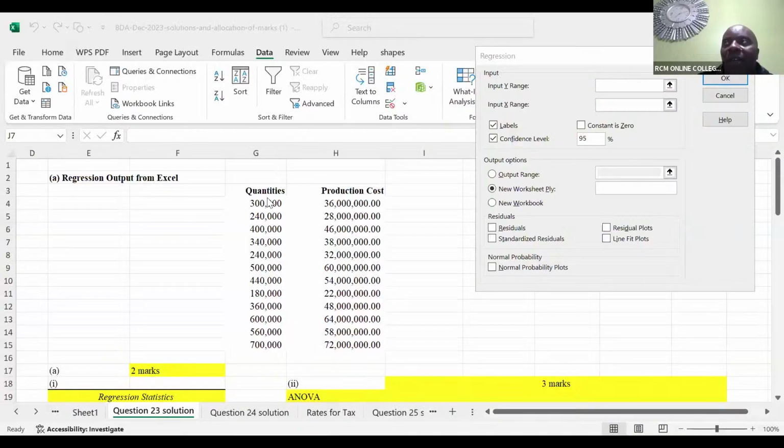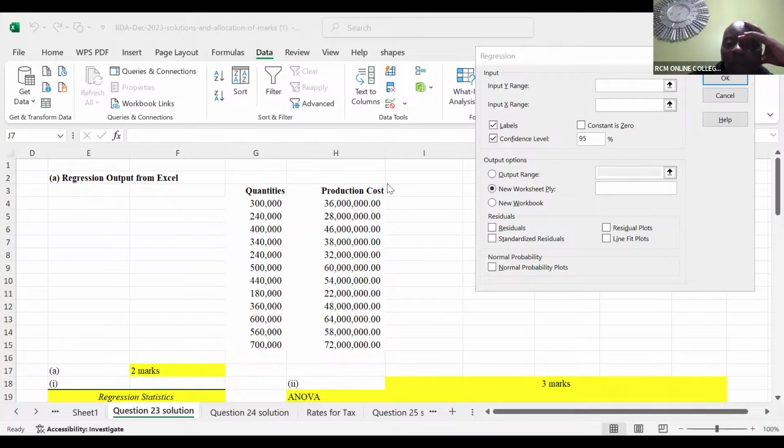Like in this particular case of December 2023, my good students, between production cost and quantities, which one depends on the other?